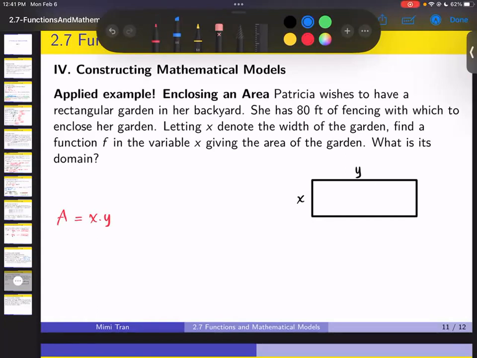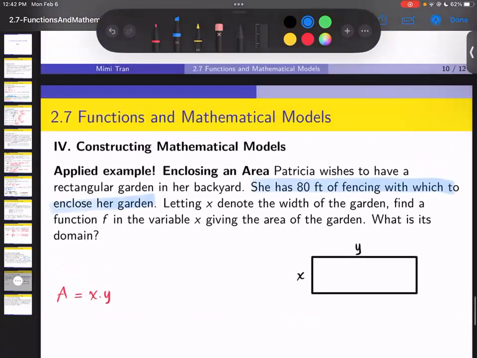And the constraint function comes from this piece of information. What does it mean? 80 feet to enclose the garden. If I take this side, this side, this side, this side, what is it called?